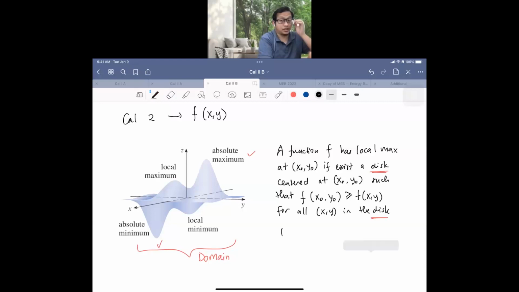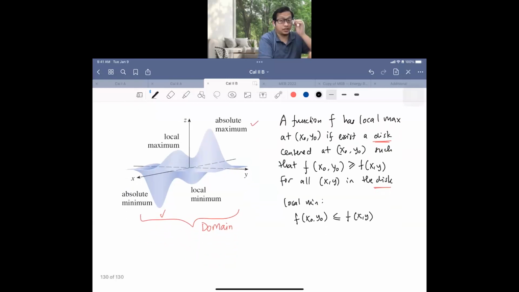And it will have a local minimum when the function at that point is less. And of course, the absolute maximum is when the f is higher for all points in domain.